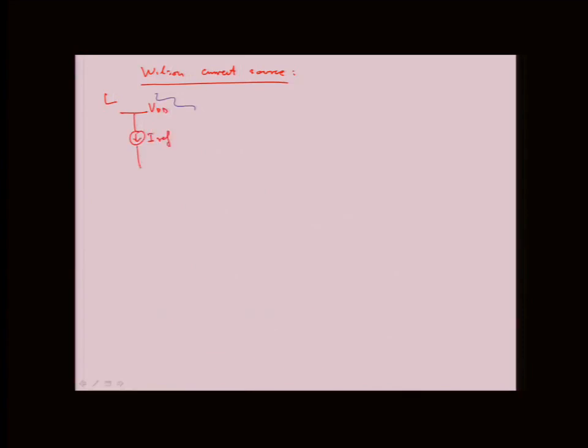You're going to tell me first what type of feedback this is. So let's try to figure out the R out quantity, which is what we are normally interested in for current sources.